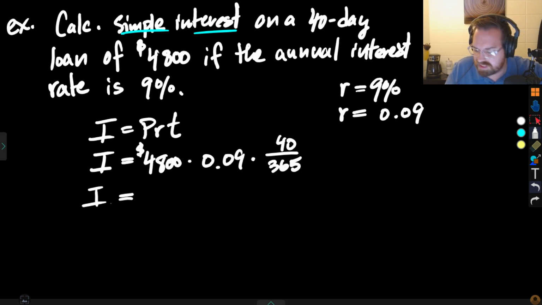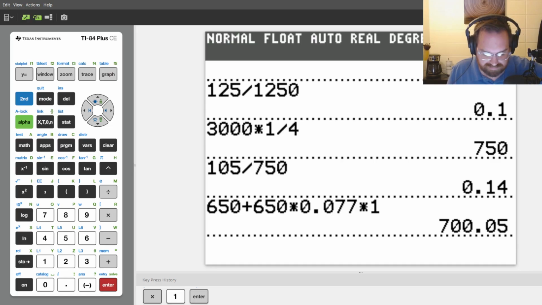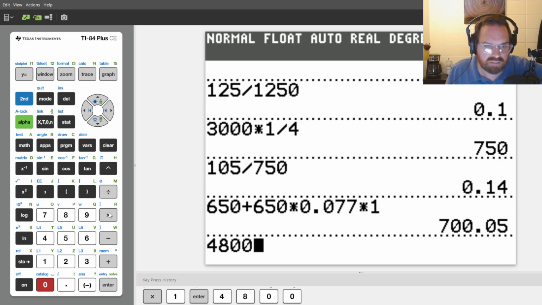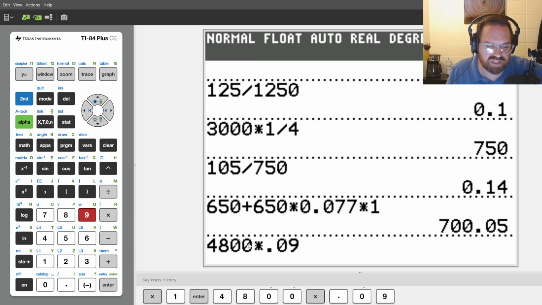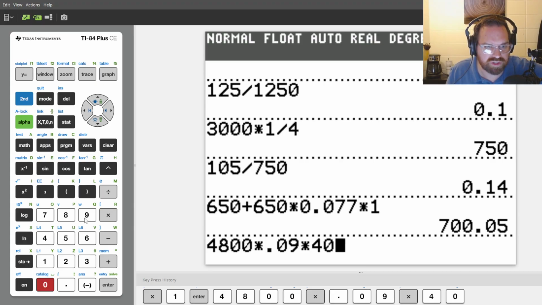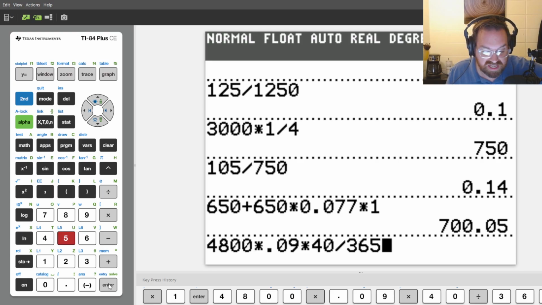So let's go ahead and go back to our TI-84. 4,800. Multiply it by 0.09. It doesn't make a difference. And then I'm going to multiply by 40 over 365. The homework problems might say to use 360 days for a year. I'm just going to go 365.